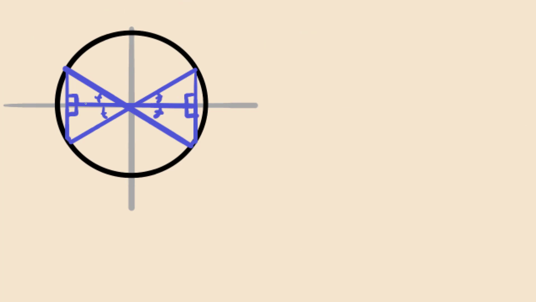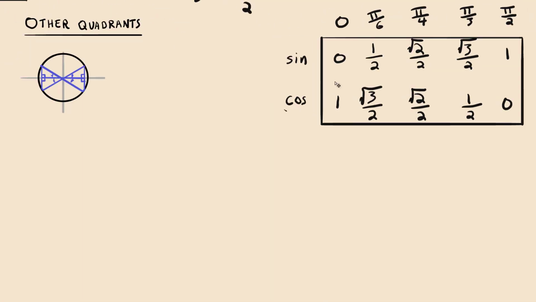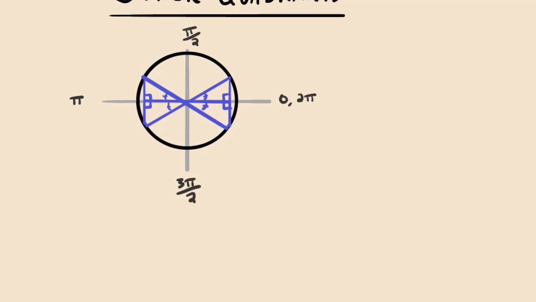We call those reference angles. So for example, the reference angle in quadrant 2 is going to be pi minus the angle. In quadrant 3, it's going to be the angle minus pi. And in quadrant 4, it's going to be 2 pi minus the angle.